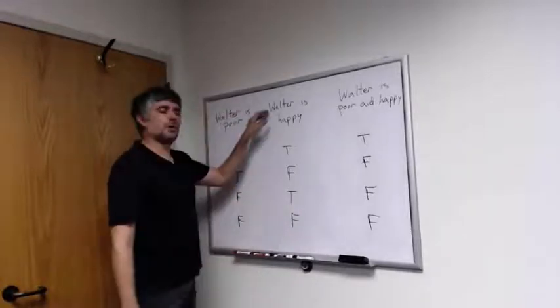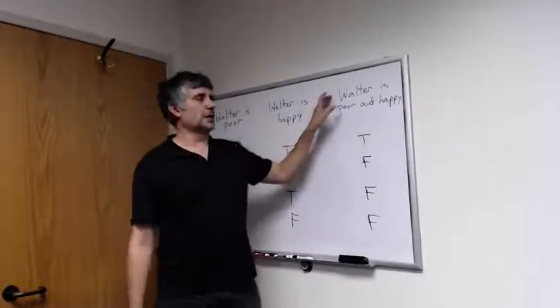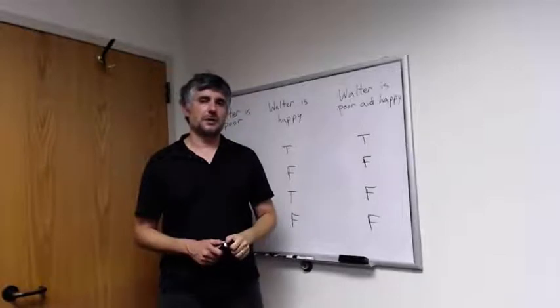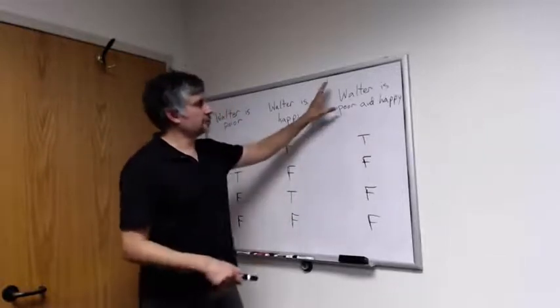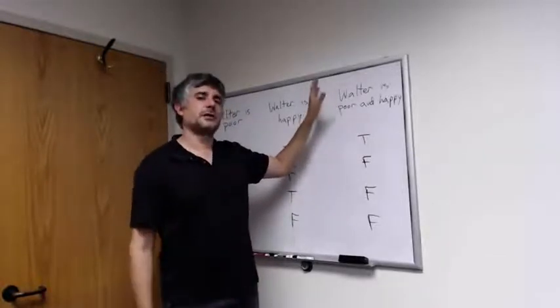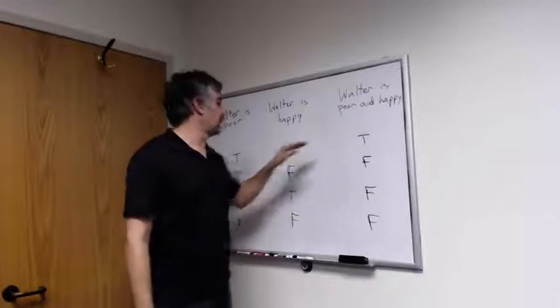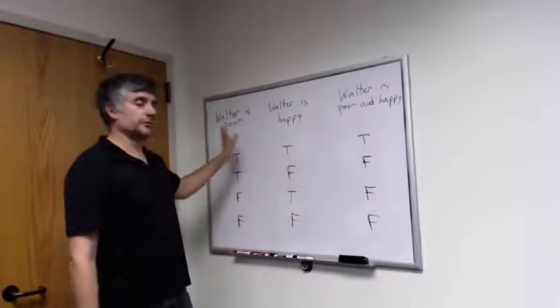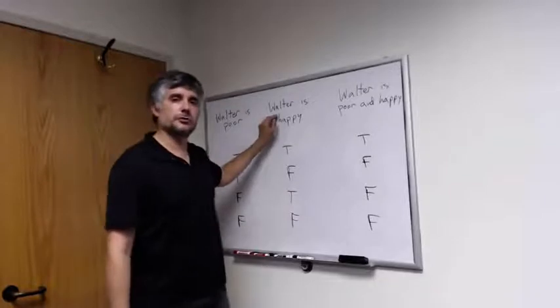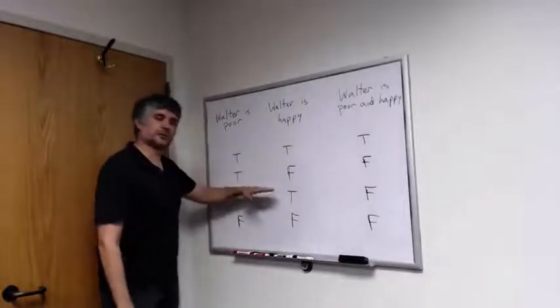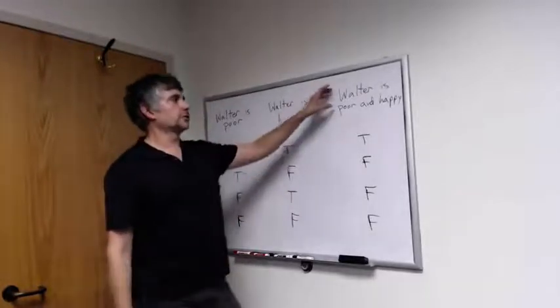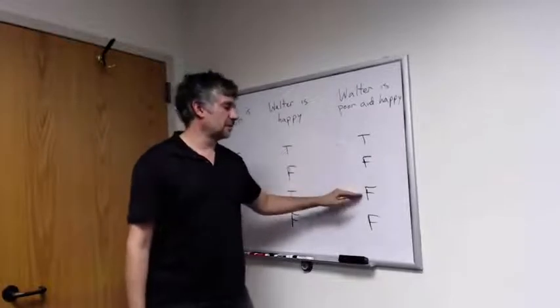And if it's false that Walter is happy, then it's also not going to be true that Walter is poor and happy. So the proposition Walter is poor and happy is going to be true only when Walter is poor is true and Walter is happy is true. In any other possible scenario, the proposition Walter is poor and happy will end up being false.